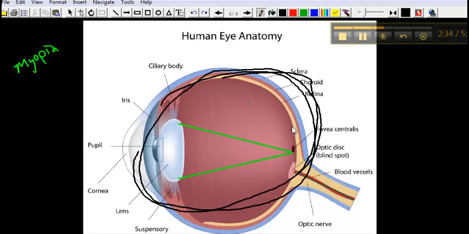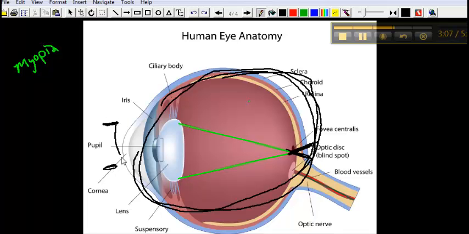If the focus is making the light converge here, and this area of your retina is actually way back here, that means your light's not converging where it's supposed to, and you end up with an image that's out of focus because it's hitting right back here. So what you do is you put in a diverging lens.